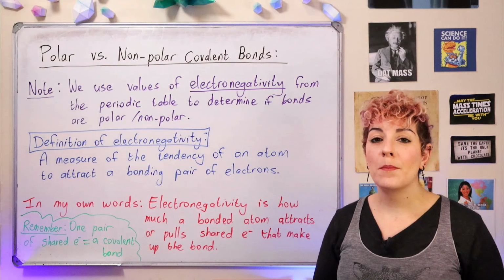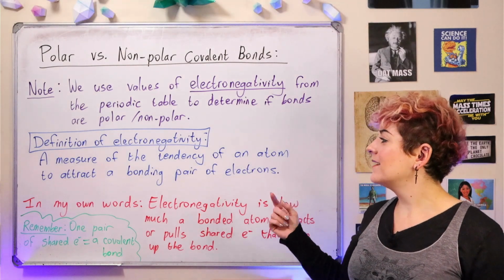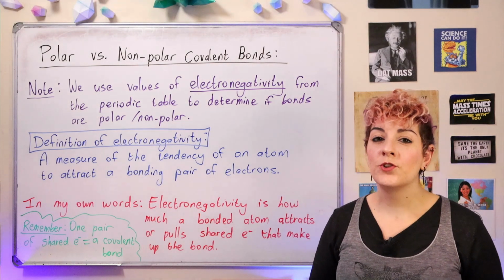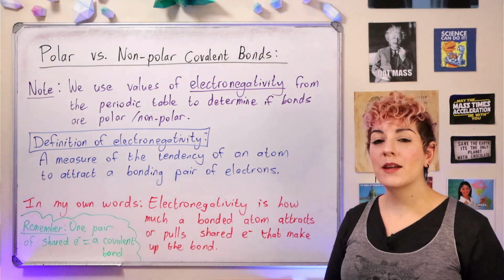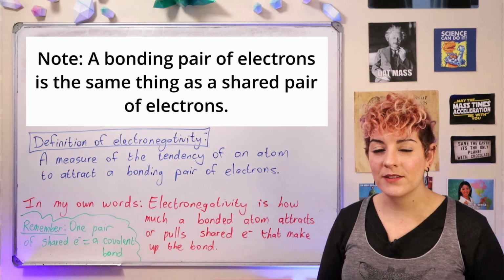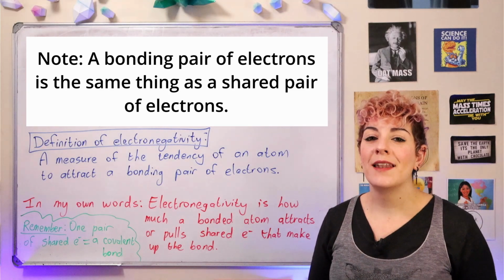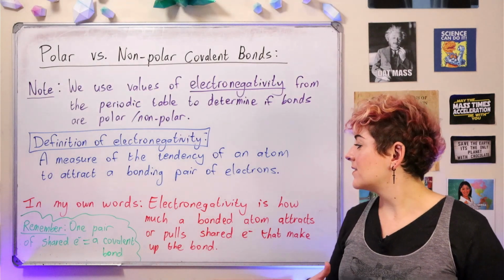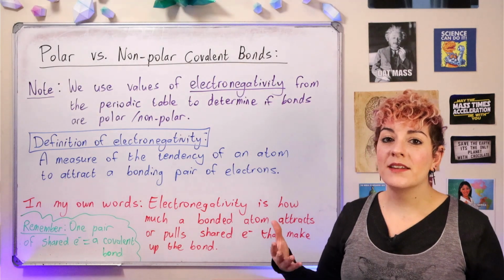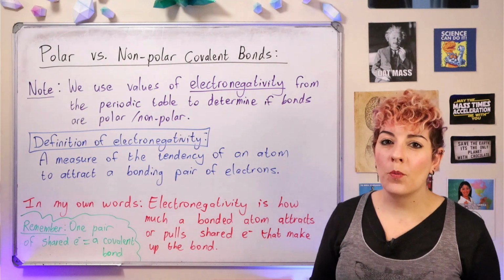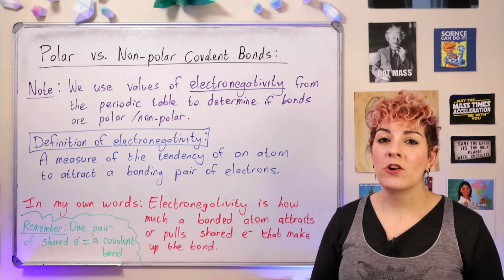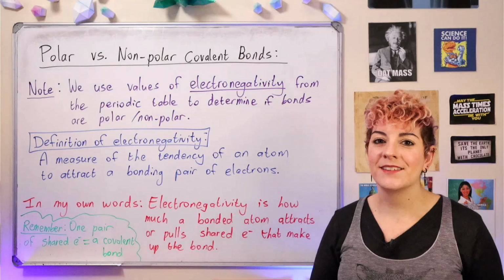It is a measure of the tendency of an atom to attract a bonding pair of electrons. In my own words, I would describe electronegativity as how much a bonded atom attracts or pulls a shared pair of electrons towards itself.